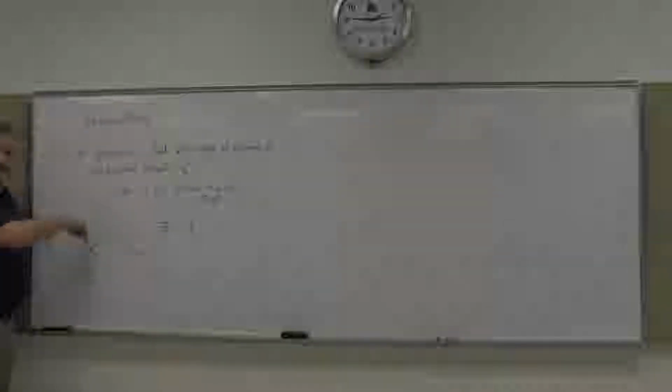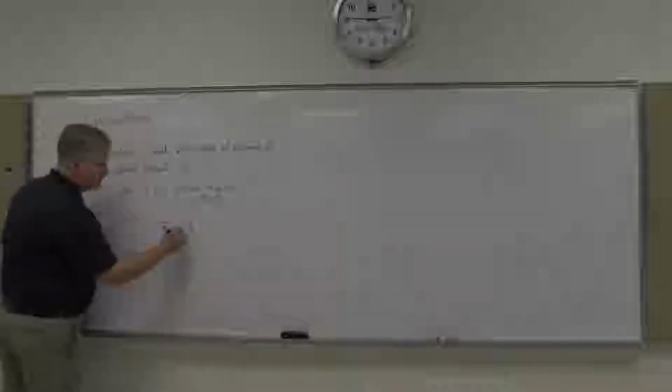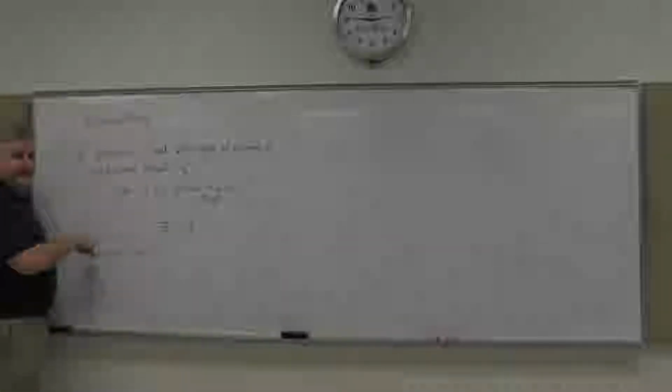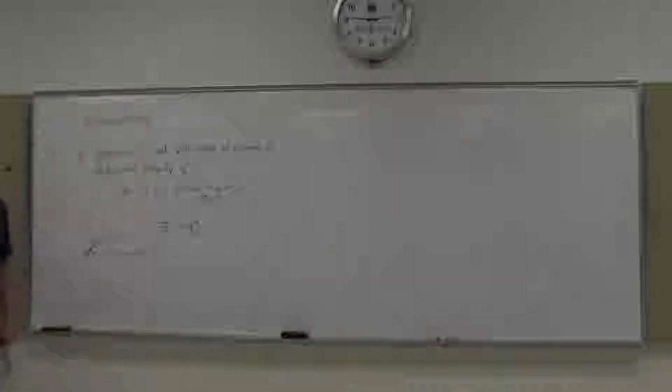It too can be thought of as a vector, because gravity is acting straight down, towards the ground. It's negative g j, because it's down, so that's the y component. So negative g j would be the acceleration vector here.